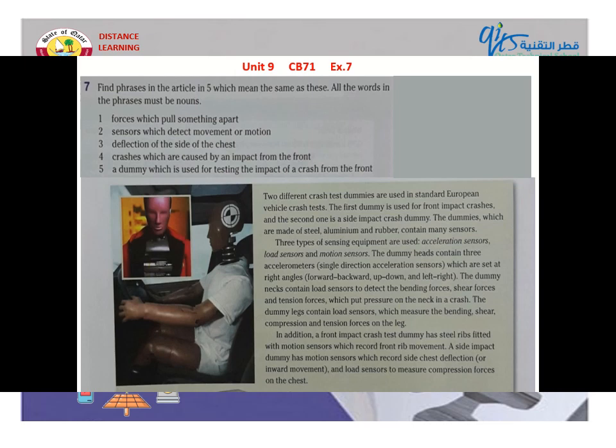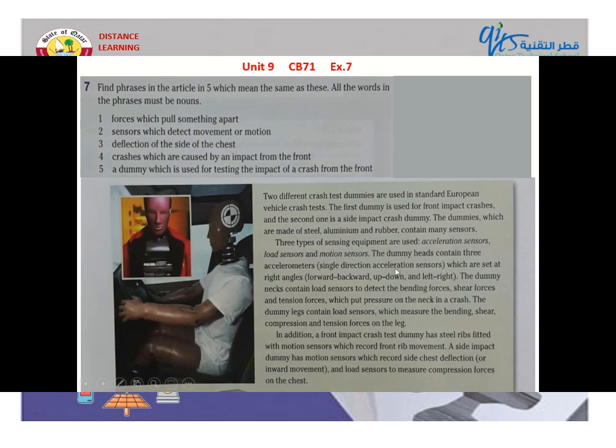Now, let's do number 1 together, and you should do the rest by yourselves. Number 1 is forces which pull something apart.